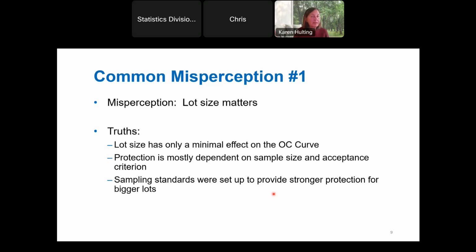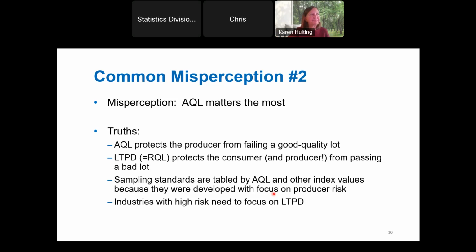So that's why they're indexed by lot size, because when you're buying more, you want a bigger sample size so that you can have more protection against bad quality. It's also easier to have a big sample size in a big lot, right? Because you are sacrificing a smaller percent of the sample. And so the OC curve actually doesn't care very much about lot size, but the sampling standards were set up to make it look like the lot size was a big consideration in the OC curve.